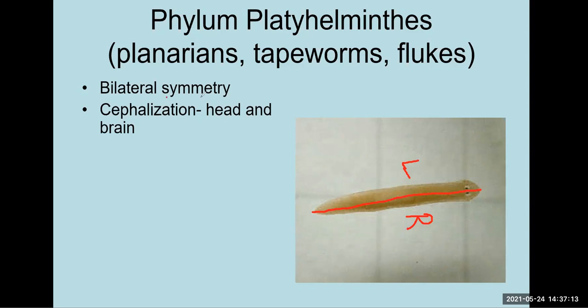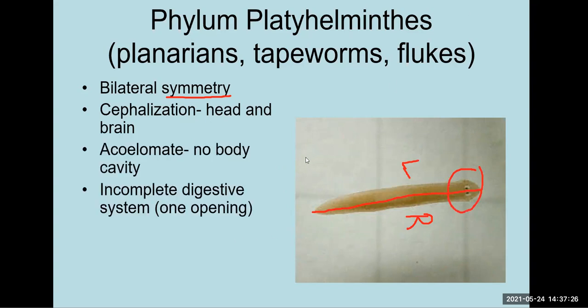Symmetry means they are equal in both sides when you cut it into half. They have their head here and their brain as well, right? They don't have a body cavity. They are called acoelomates. In their digestion, it has only one opening.